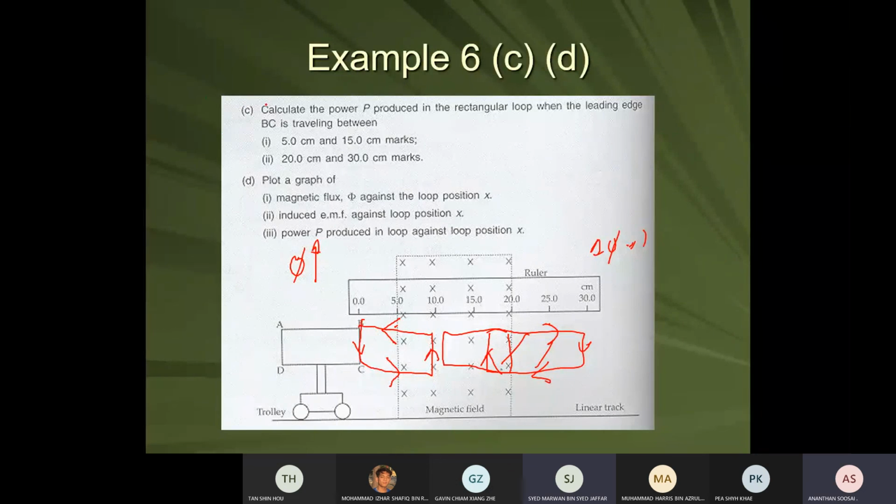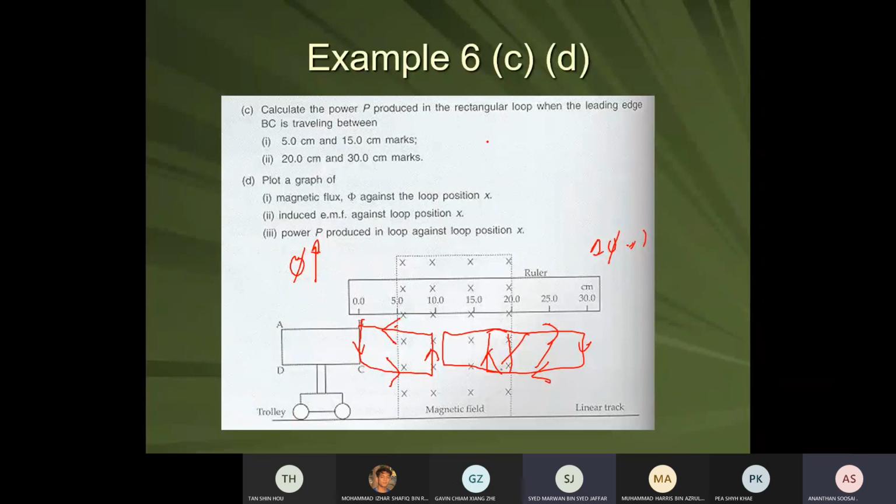Look at C. Calculate the power produced in the rectangular loop when the leading edge BC is traveling between 5 to 15. When the leading edge travels 5 to 15, what is the power dissipated? How do you find the power dissipated? You got your EMF already. Part B, you know what is the EMF generated in the loop. So power dissipated and EMF how related?